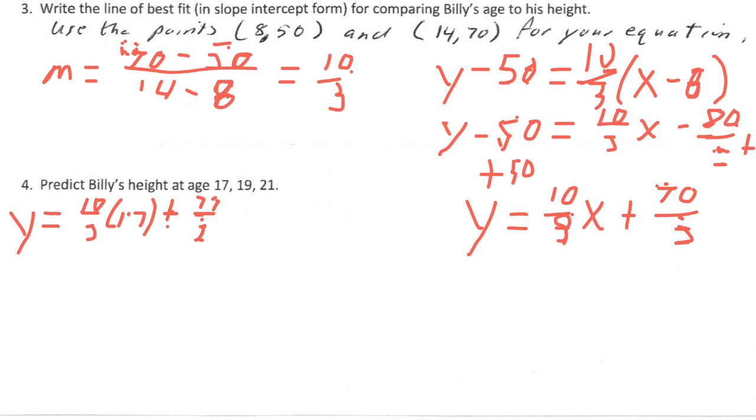Let's see how I get the calculator here. 10 over 3, my x is 17, plus 70 over 3. That goes out to 80. So at 17, going to be 80 inches.